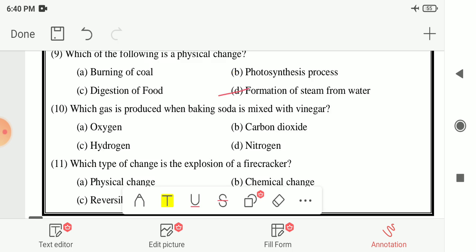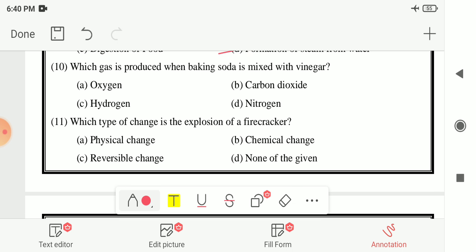Next, 10th number, which gas is produced when baking soda is mixed with vinegar? The options are oxygen, carbon dioxide, hydrogen or nitrogen. So here your answer is option B, that is carbon dioxide. So carbon dioxide gas is released when we mix baking soda with vinegar. Next, 11th number, which type of change is the explosion of firecrackers?